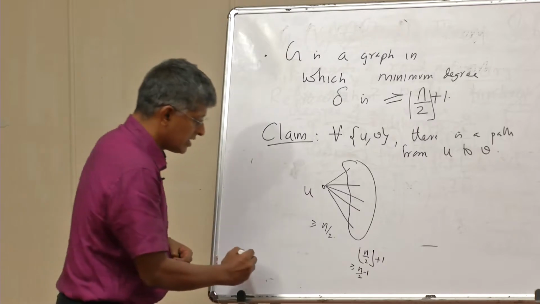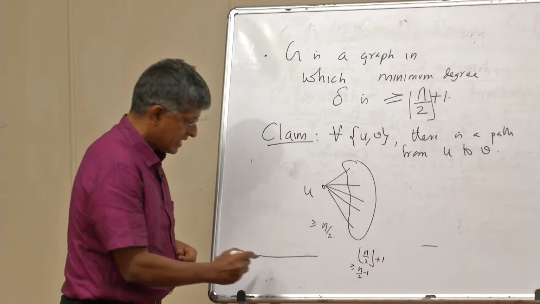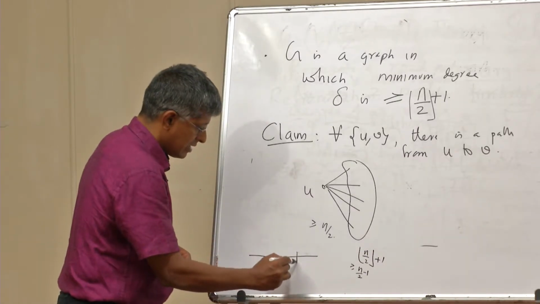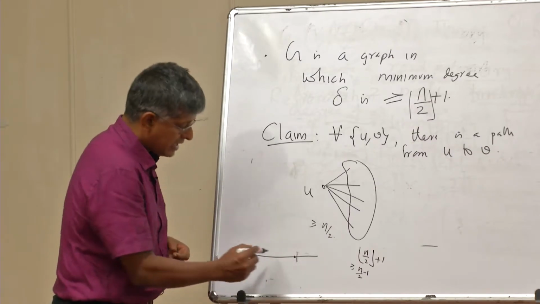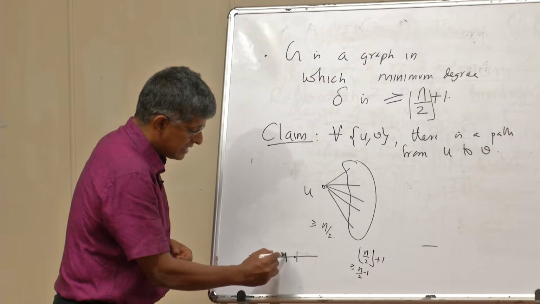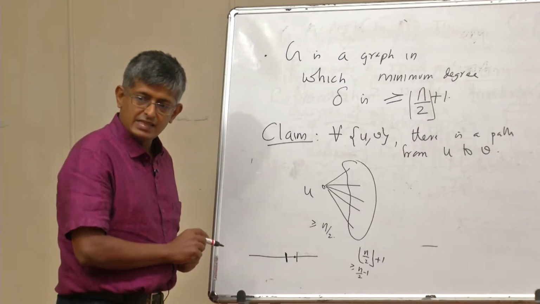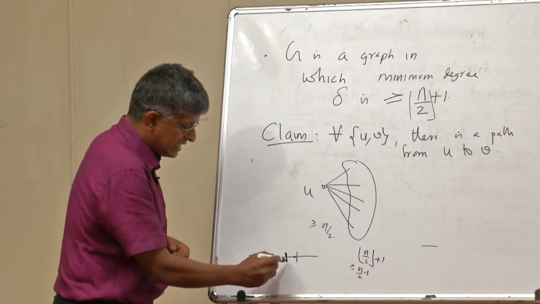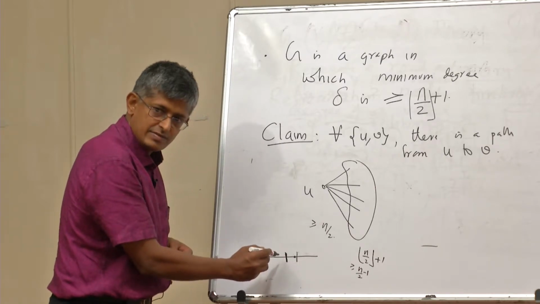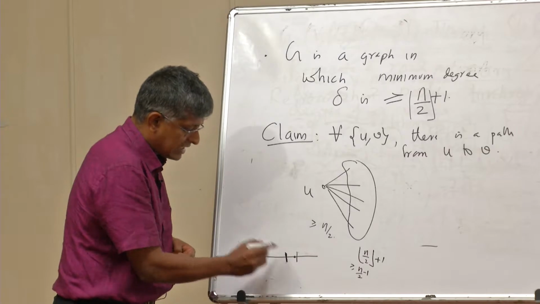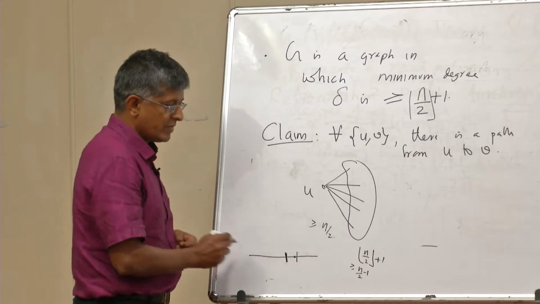So if you draw the set of integers, n by 2 might be a value which is somewhere here, and this is the next integer value. But this next integer value is at least as large as this minus 1.